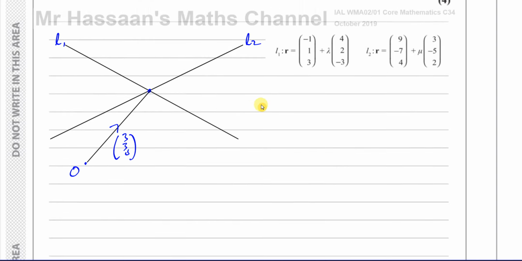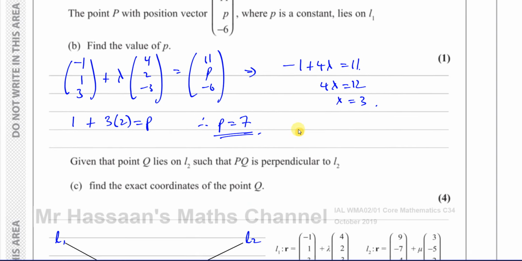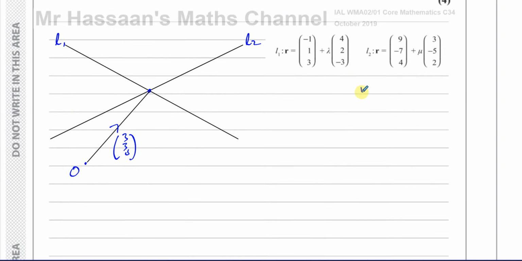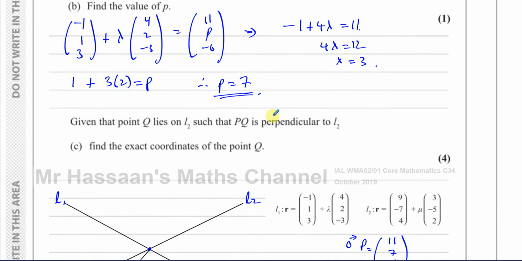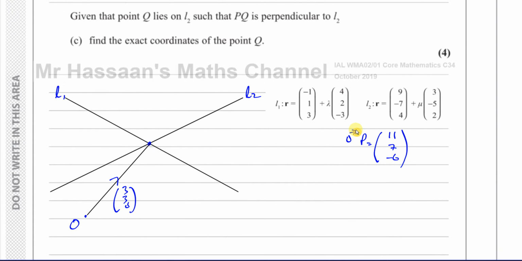So P lies on line 1, and we know the position vector of P is (11, 7, -6). So you can say O to P is (11, 7, -6). Is that right? Yeah. Q lies on line 2, and PQ is perpendicular to line 2.